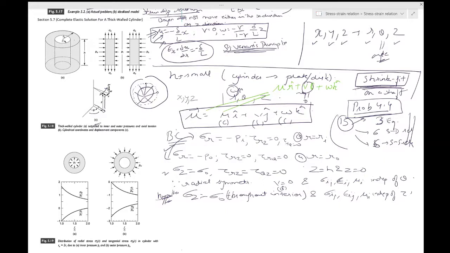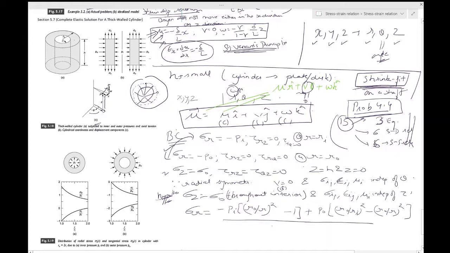Once you solve this, eventually you will have sigma r equal to minus pi (ro by r)^2 minus 1 plus po (ro by ri)^2 minus (ro by r)^2, divided by (ro by ri)^2 minus 1.